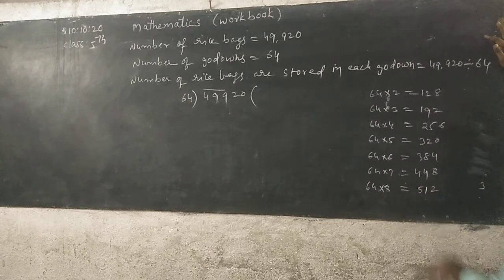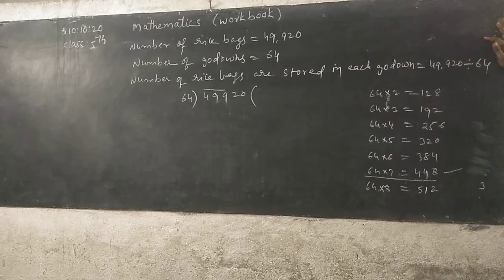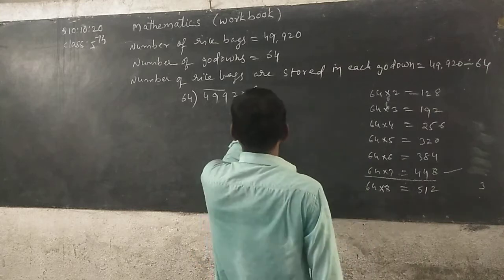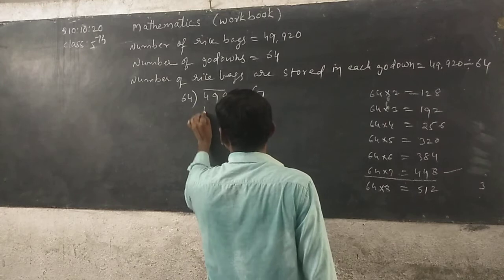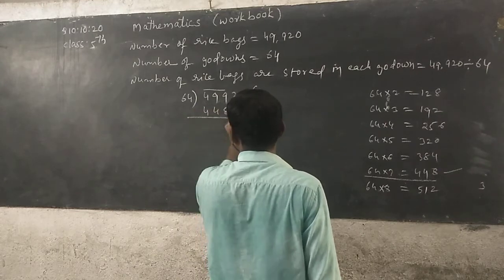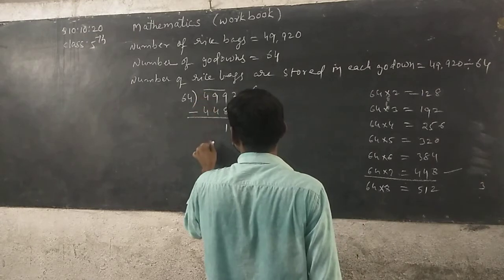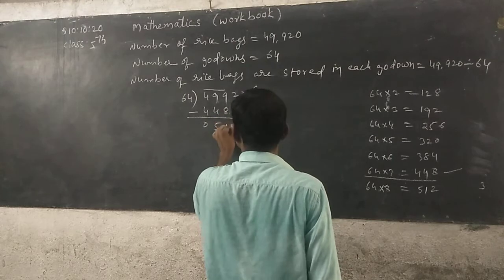Next 64 8s are 8 4s are 32, 2 taking carrying 3, 8 6s are 48, 48 plus 3 is 51. See here, 64 8s are 512, which is more than 499. So I have to take 64 7s are 448. See, 9 minus 8 is 1, 9 minus 4 is 5, 4 minus 4 is 0, bring down 2.